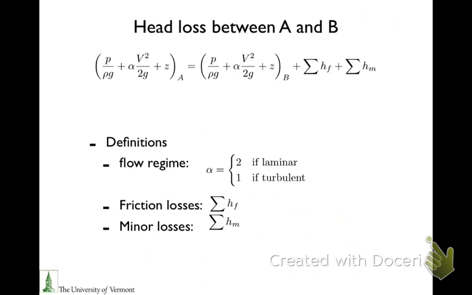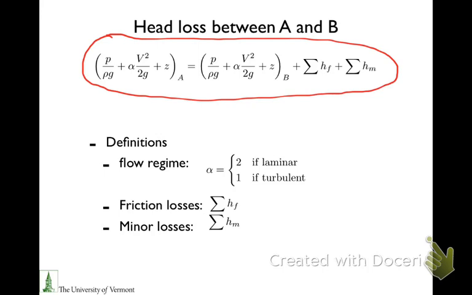Now, to the really interesting part of the problem: how do we calculate the energy that is lost through the flow in a pipe, or with valves? There could be a pipe network, but anyway, an internal flow system. This is a 1D conservation of energy equation with a correction for the velocity, alpha, depending on the regime of the flow.